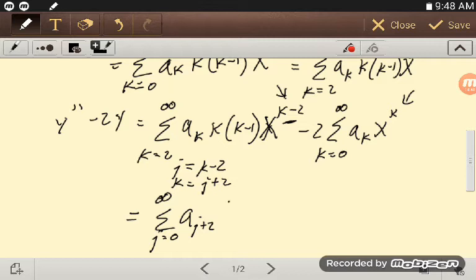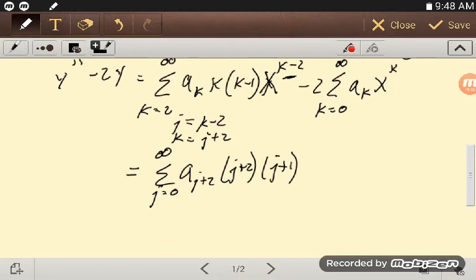K minus 1, well, that's j plus 2 minus 1, so that's j plus 1, and then x to the j, and then minus, and I'm going to put the 2 inside there, so this is the sum k equals 0 to infinity of 2ak x to the k.